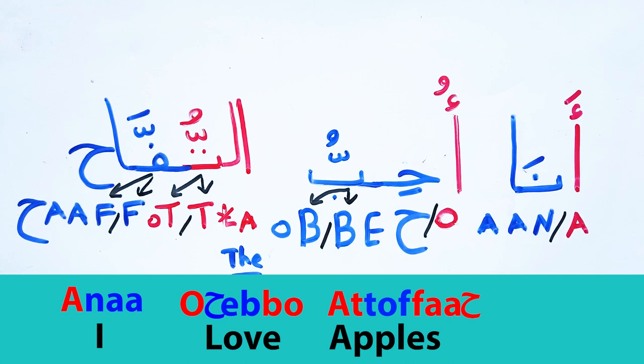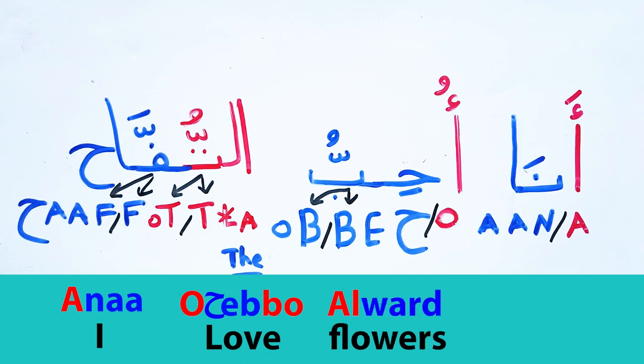Let's add another word. أنا أحب الورد. I love flowers. أنا أحب الورد. Let's see. So I have here أنا أحب. Let's remove this part الورد.